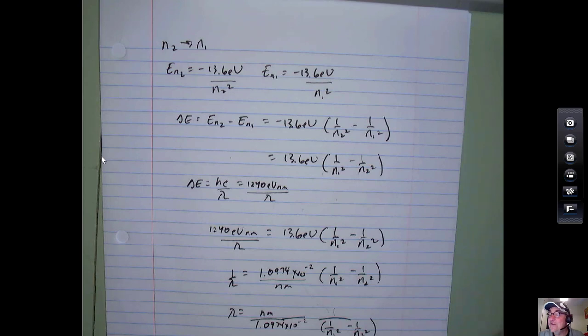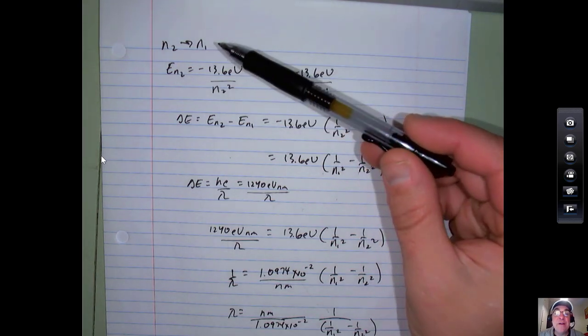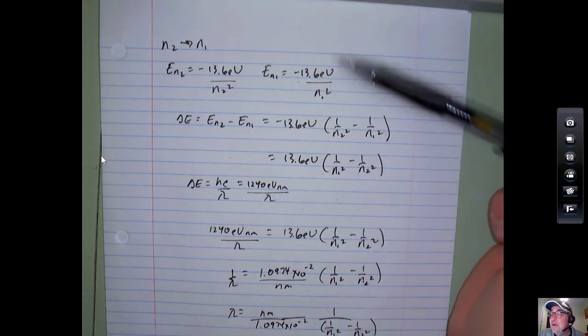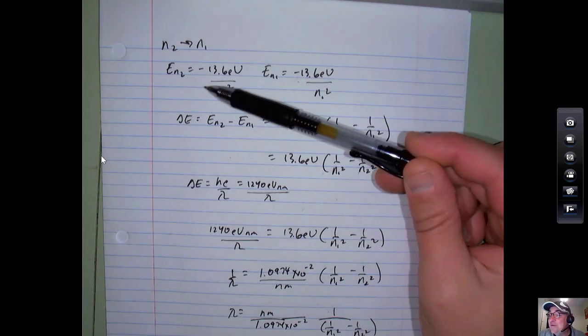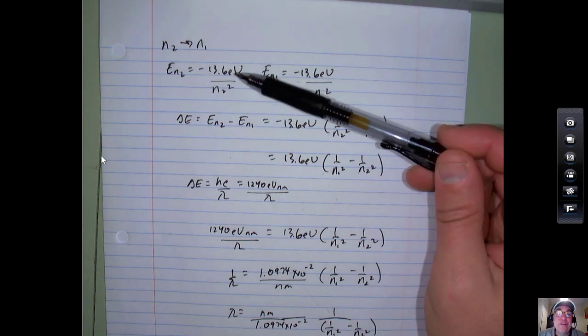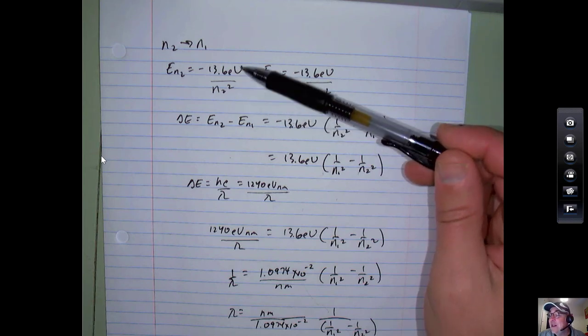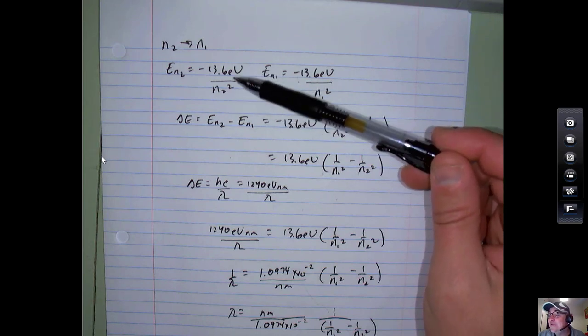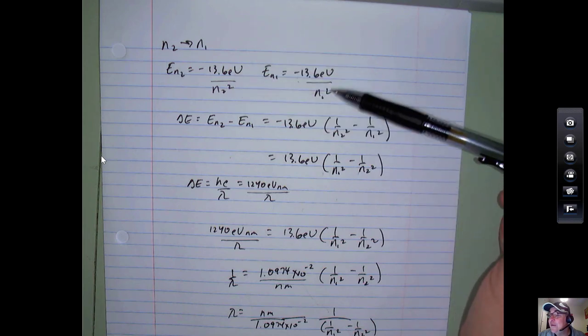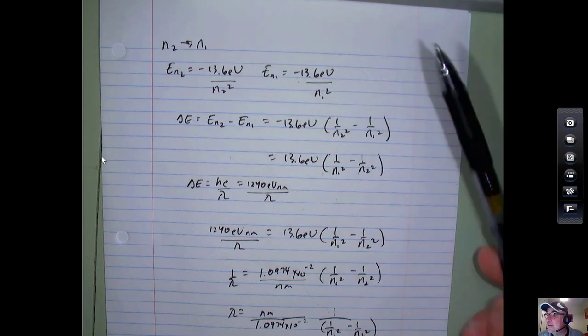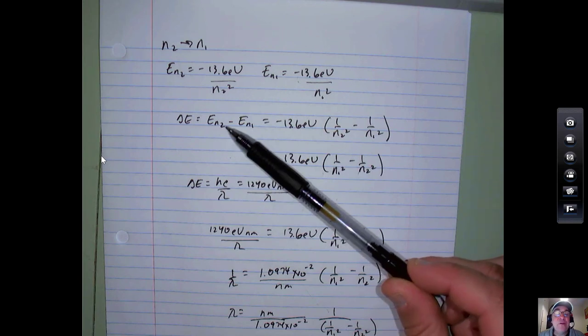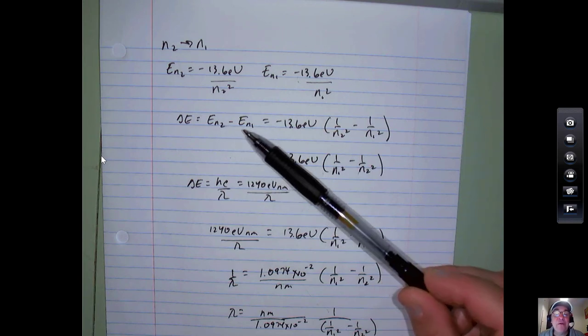Okay, so again, we're going from n2 down to n1 and emitting a photon. So for hydrogen, we have energy level is minus 13.6 eV divided by n squared. So this would be the energy of the higher energy level. This would be the energy of the lower level. So we can take a look at the difference in energy. So energy of the higher one minus energy of the lower one.